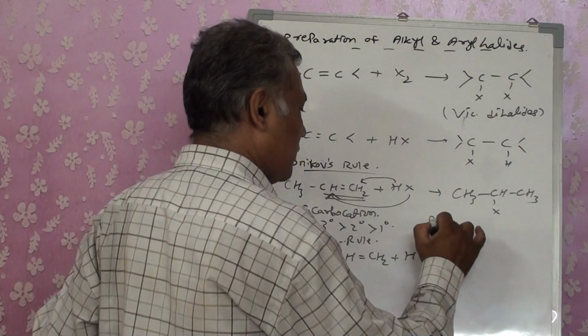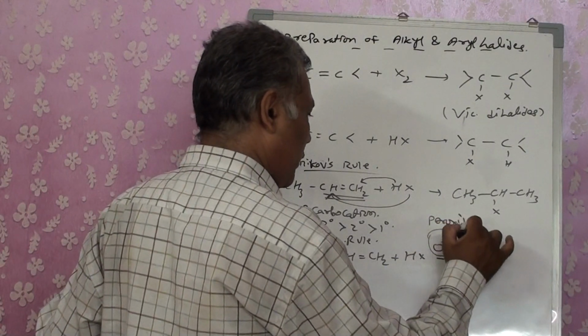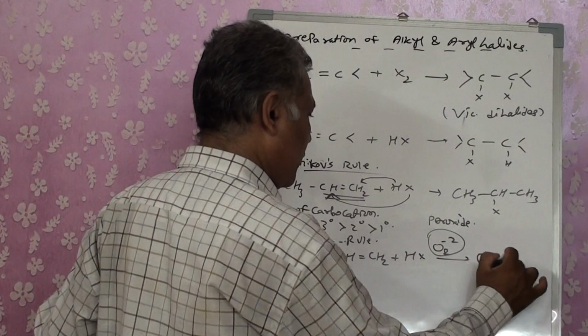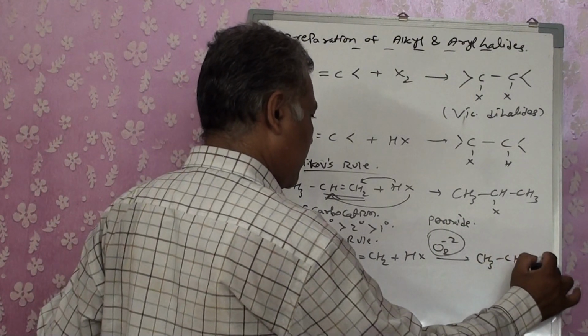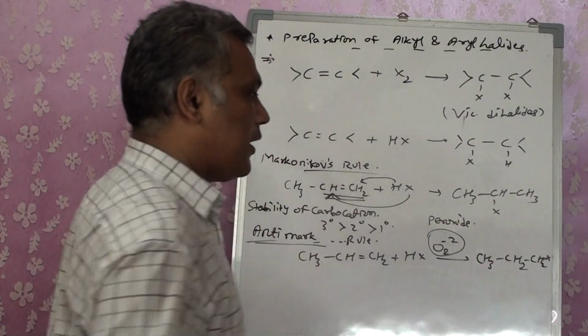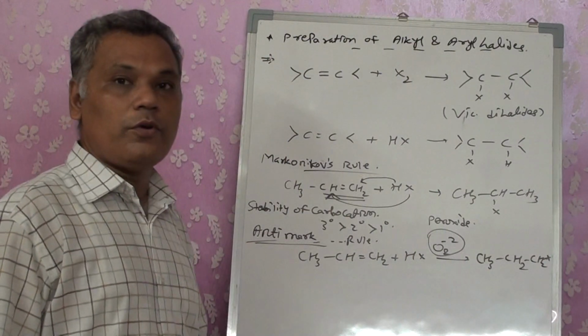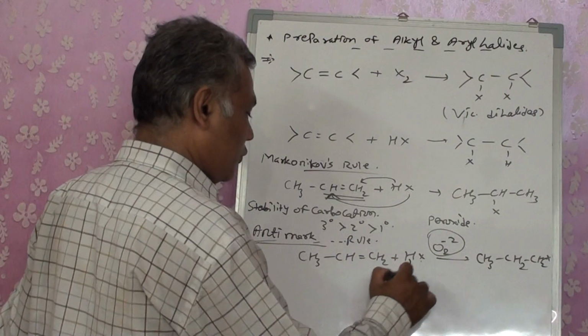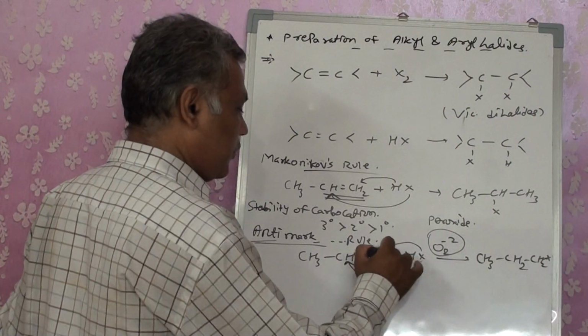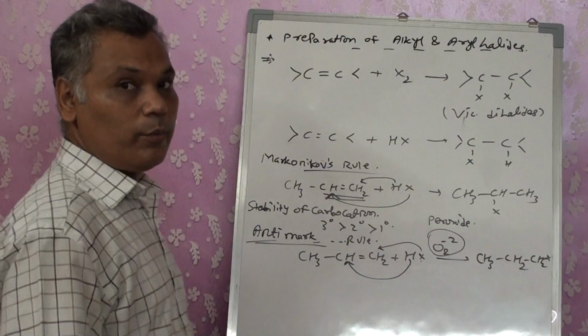The product you will get is CH3 CH2 CH2X. That means reverse reaction, reverse to Markovnikov rule. Positive goes to the higher and negative goes to the lesser in presence of peroxide.